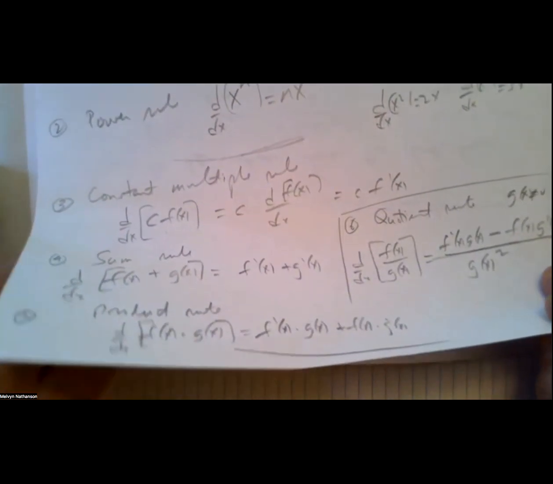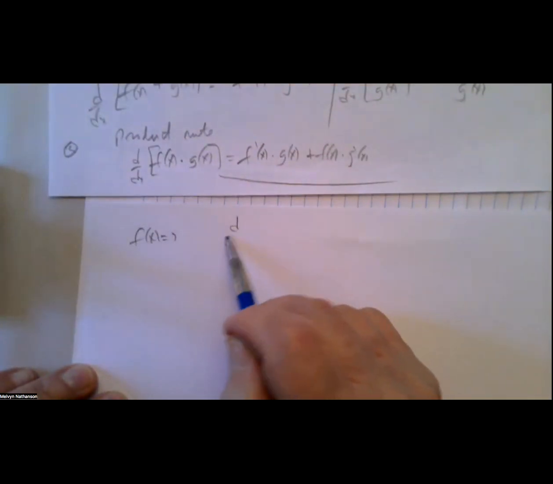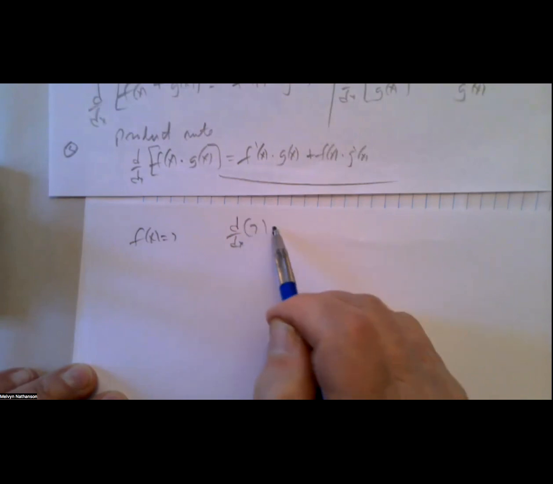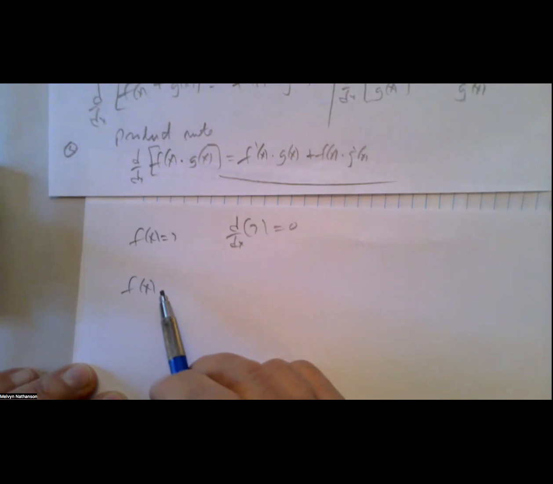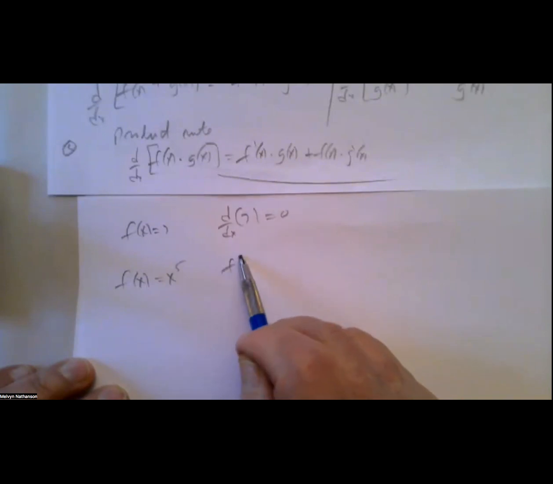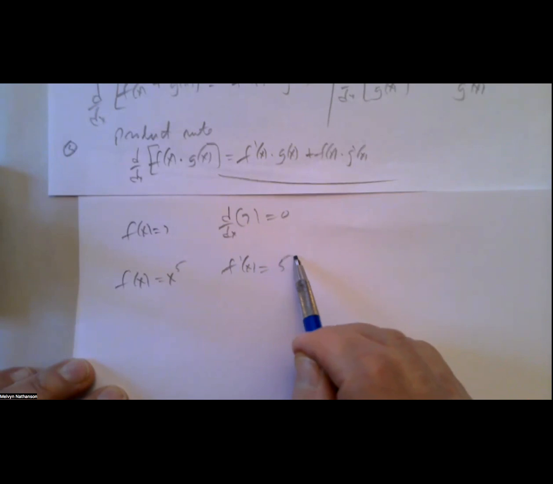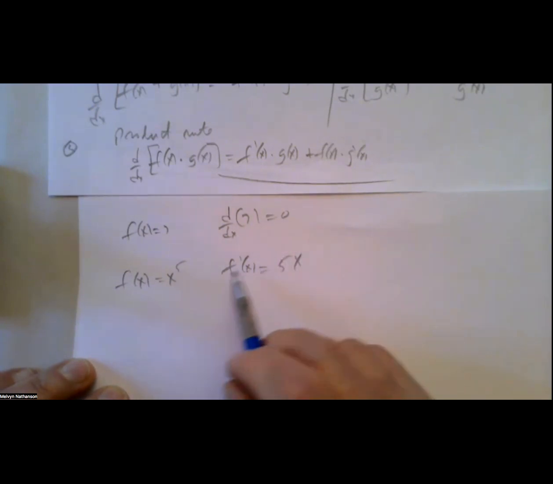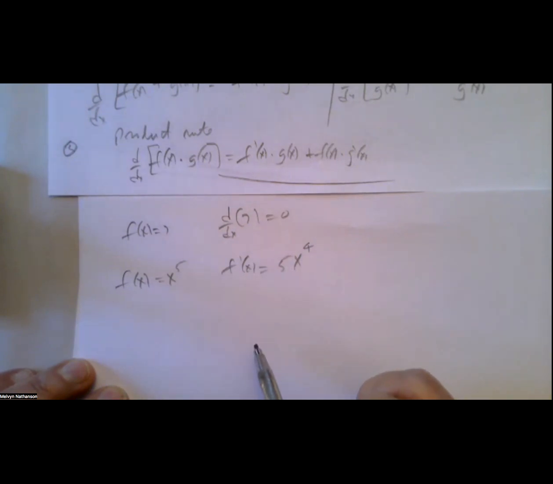And so, for example, if f of x is 7, the derivative of the constant function 7 is 0. If f of x is x to the 5th, by the power rule, f prime of x is 5 x to 1 less than the exponent, 5 minus 1, 5x to the 4th.